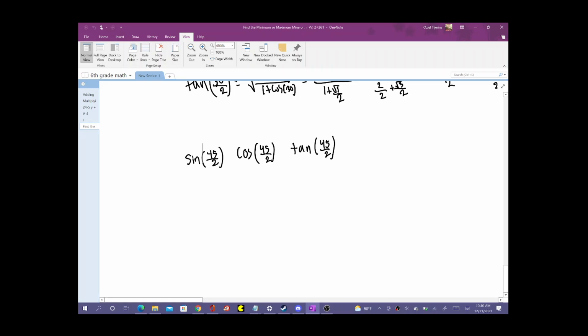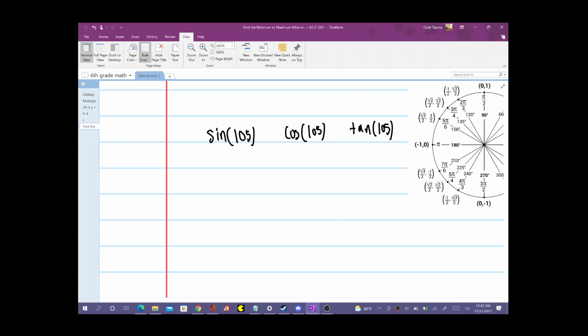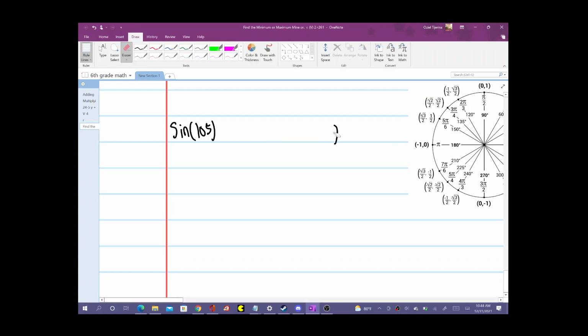Give me a second, guys. So I'm gonna do one more example. This is gonna be the last example that I do on this video. So I'm gonna do sine of 105, cosine of 105, and tangent of 105. Let me actually color code this time.